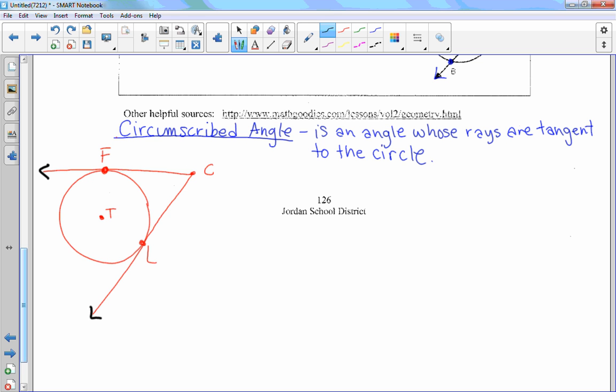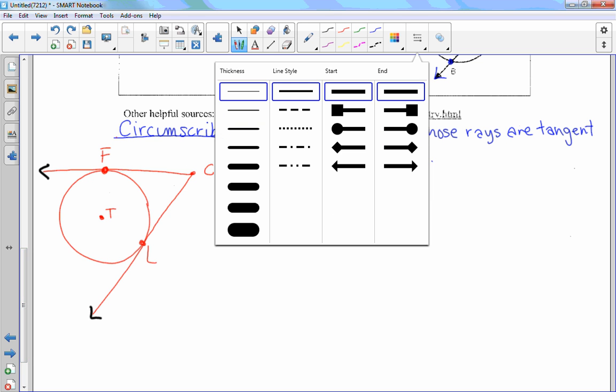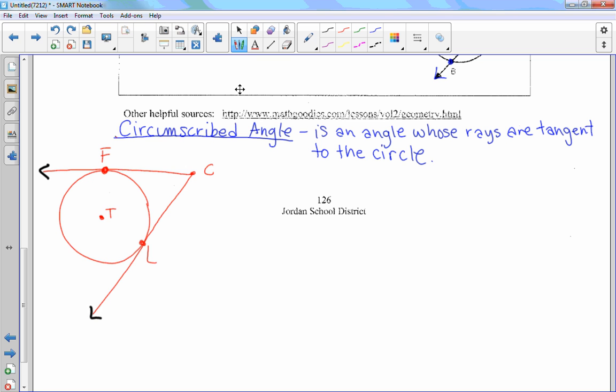Now, we want to talk about the tangent lines. Tangent lines have a special intersection with the circle. What's that degree that CF intersects the circle at? CF intersects the circle at a special degree. 90.